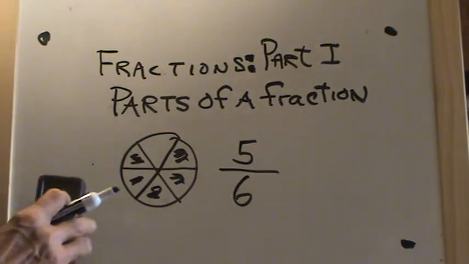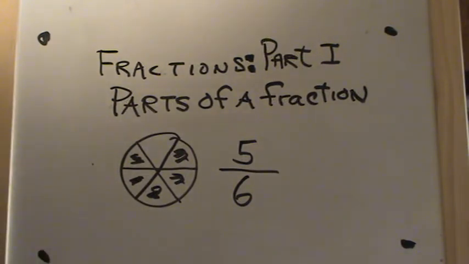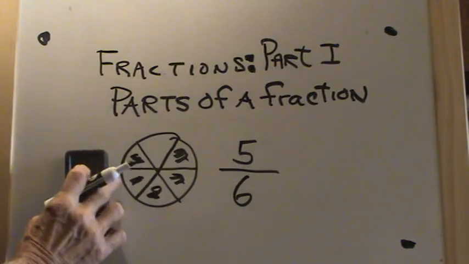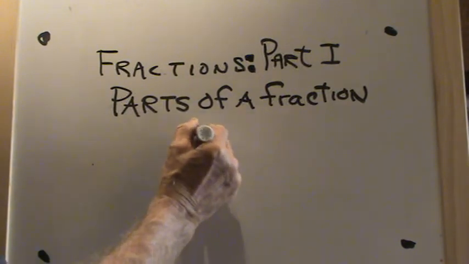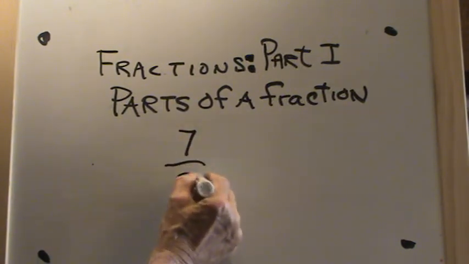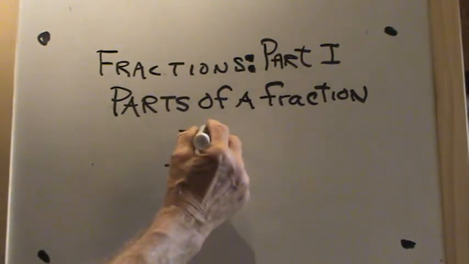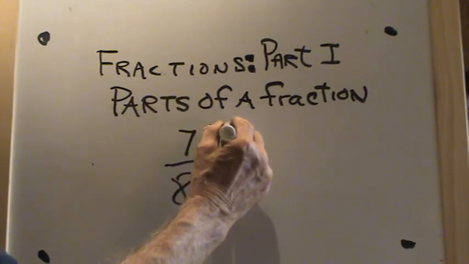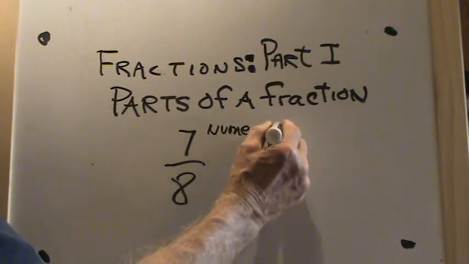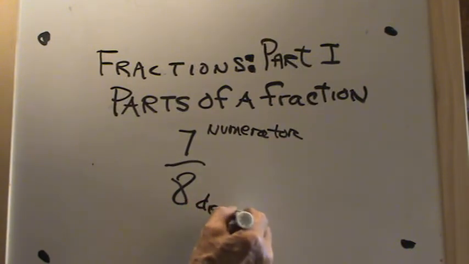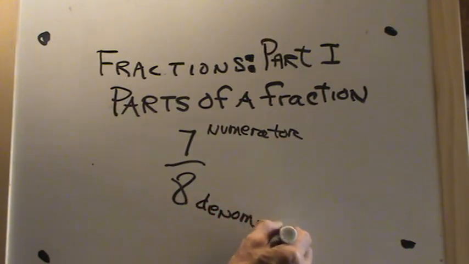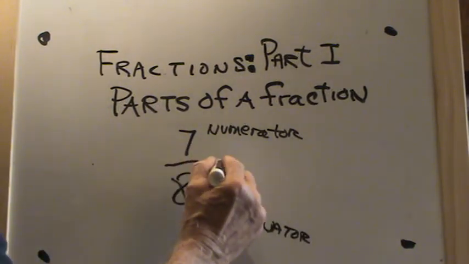So let's just have a quick review. A fraction has 3 parts: a numerator, or the top, a denominator, or the bottom, and a division line.